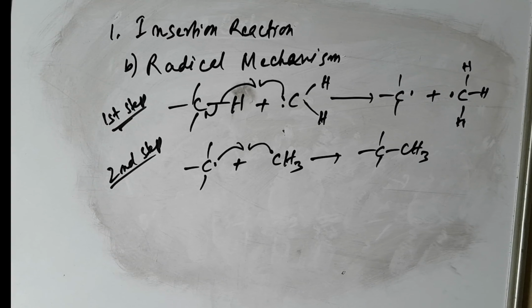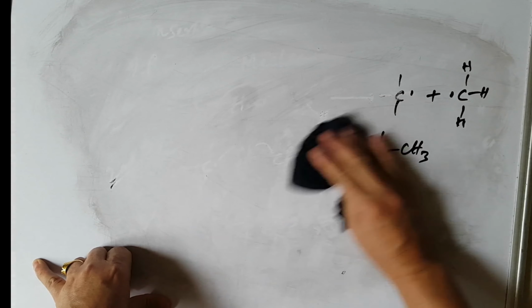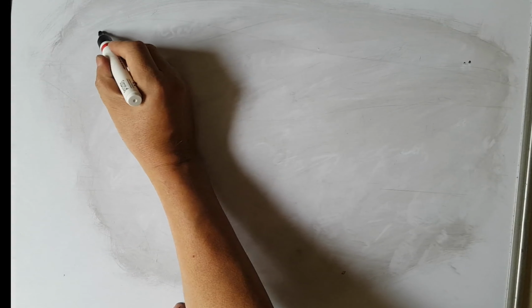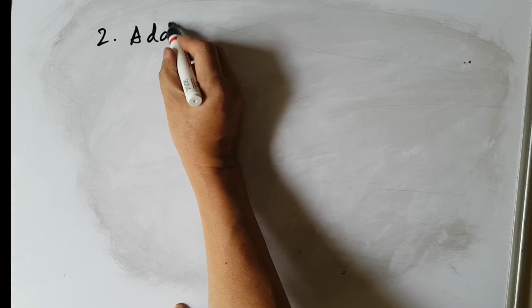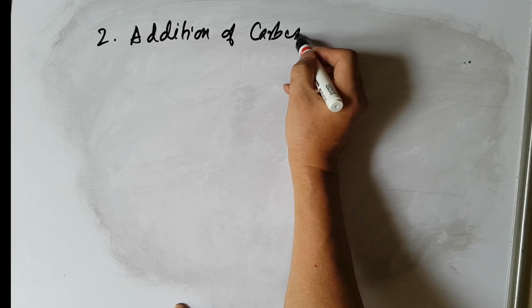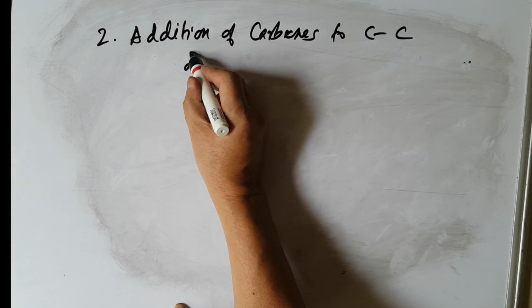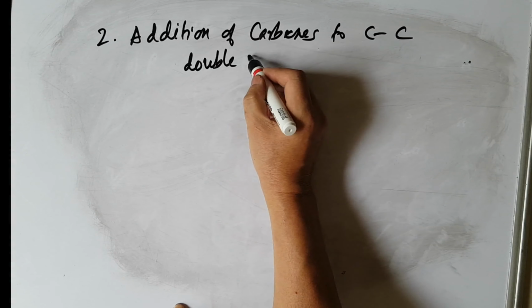Now let's come to addition of carbenes to double bonds, olefinic double bonds. Second type is addition of carbenes to carbon-carbon double bonds. You can say olefinic compounds.